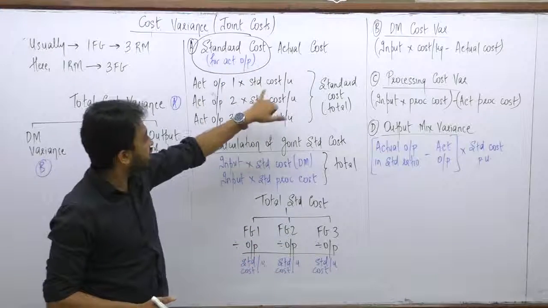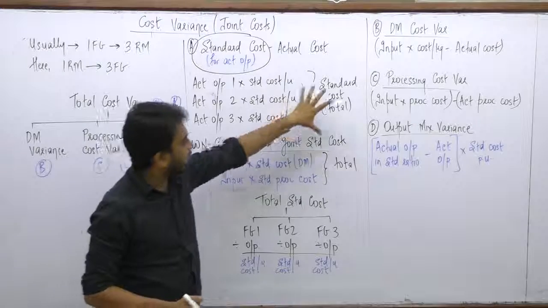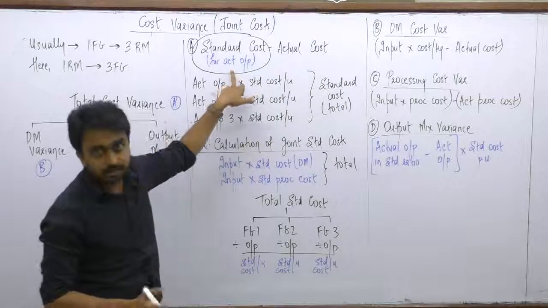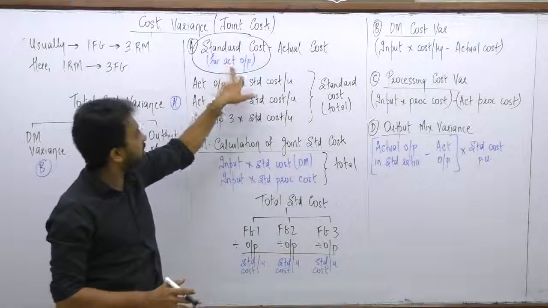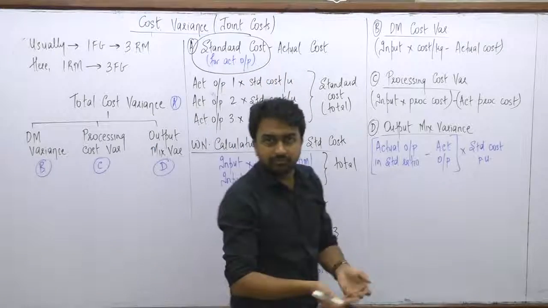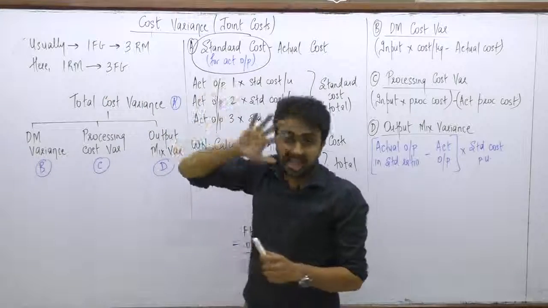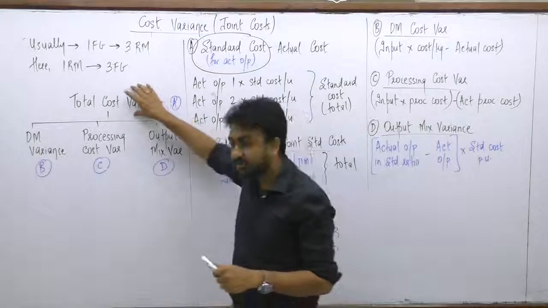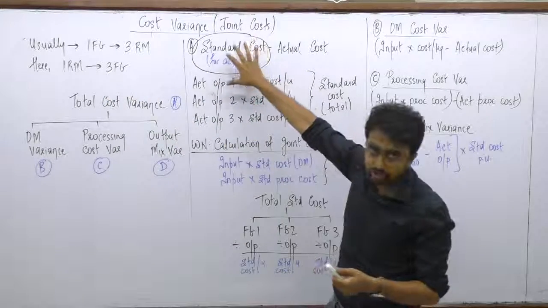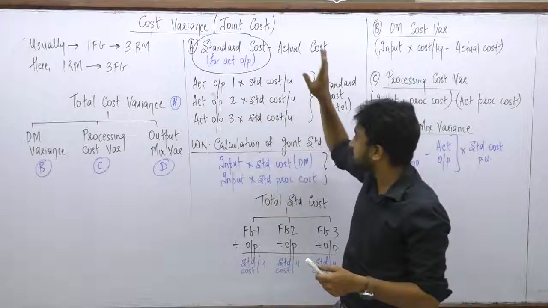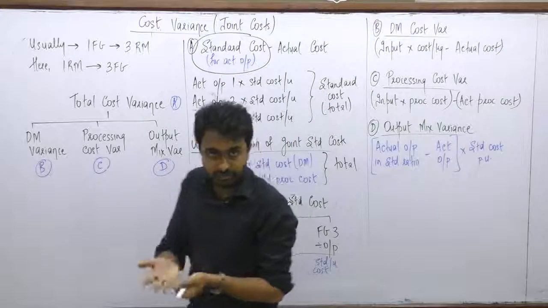So once I get standard cost, I'll use it year and year, and once I get this, that means I've got this total standard cost, and total standard cost minus my actual cost that will be given, this is my parent variance. So I have just found out the parent variance as total standard cost of all the finished goods minus my total actual cost of all the finished goods.